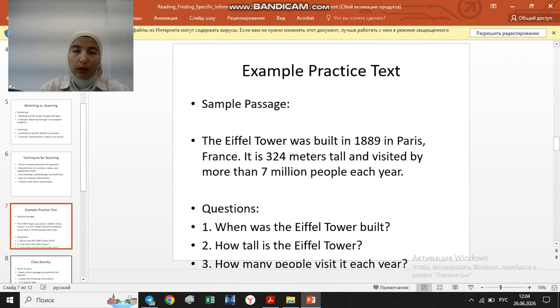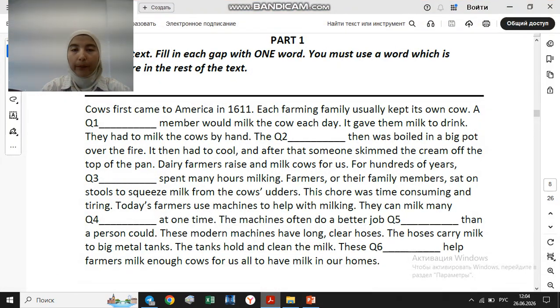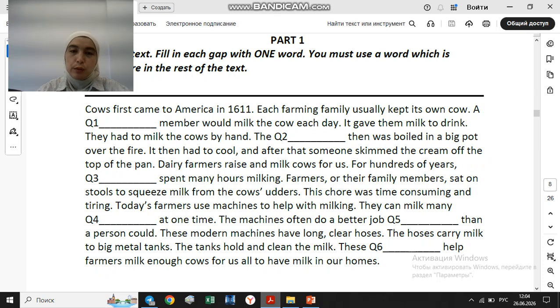Now, before moving on to the PPT presentation, I'm going to give you a text, a Part One question text used in CEFR mock exams. Have a look at this text. We have already looked through such questions.